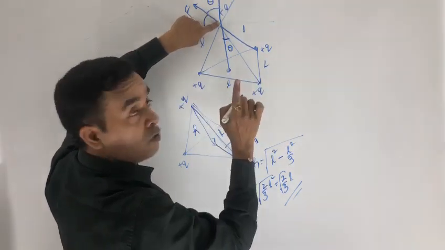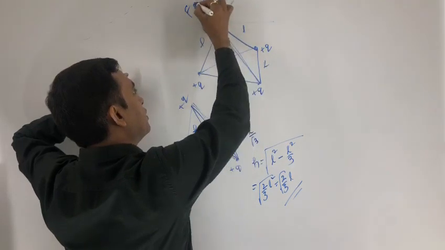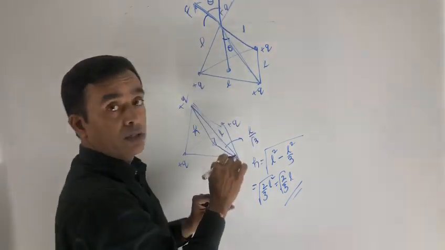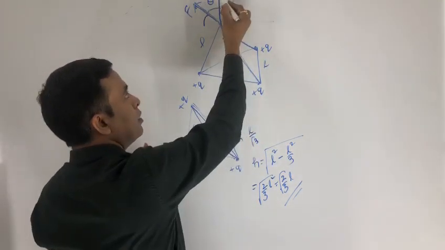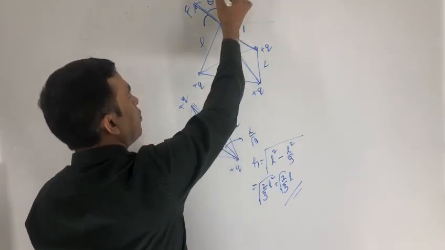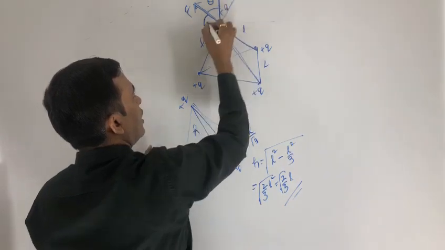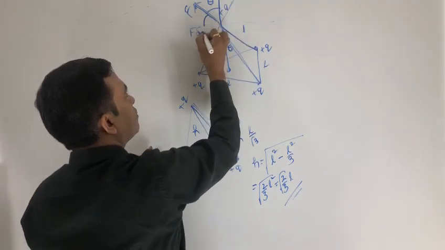The direction of the force will be along the line joining the two point charges, and it is repulsion, so it will be upward. If you take the horizontal and vertical components, the vertical component is f cos theta and the horizontal one is f sin theta.